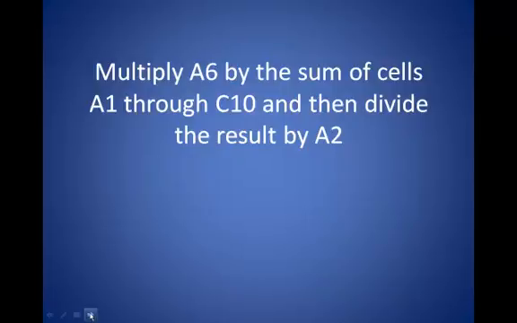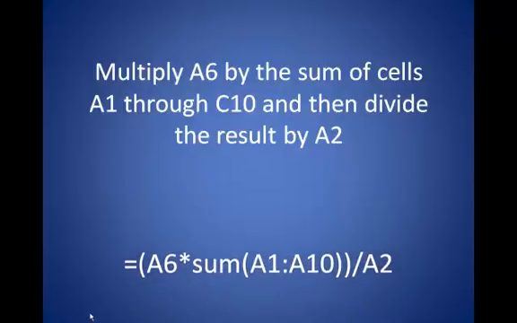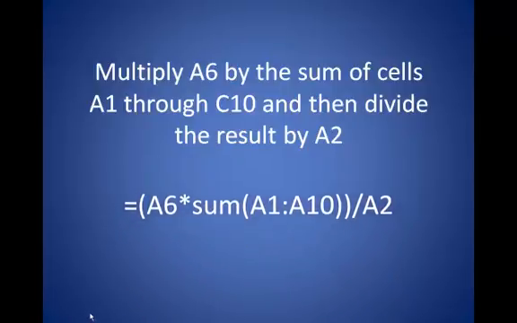Now the next one, we're going to multiply A6 by the sum of cells A1 through C10. Then we're going to divide the results by A2. So we've got order of operations in parentheses that we need to use because we need to make sure we do it in the right order, or we're not going to get the correct answer.